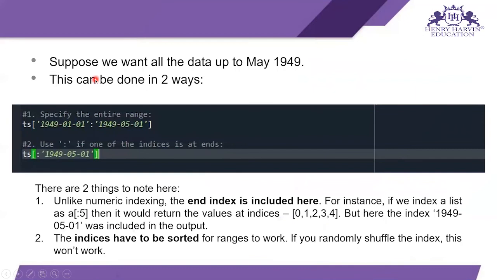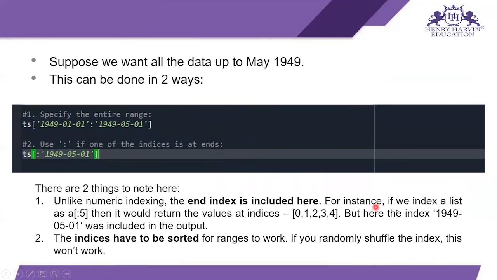Next, suppose we want all the data up to May 1949. This can be done in two ways: by specifying the dates, or you can use the colon if one of the indices is at the end. If the first value is the starting value, then you can skip it and specify it like this. There are two things to note here. Unlike numeric indexing, the end index is included here.